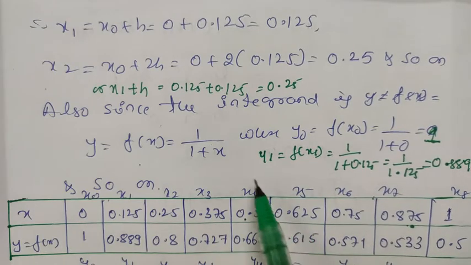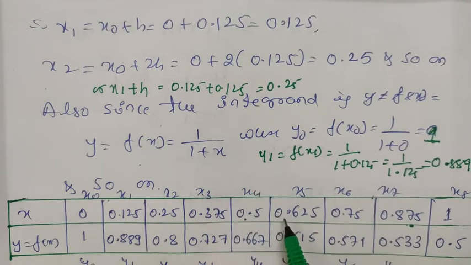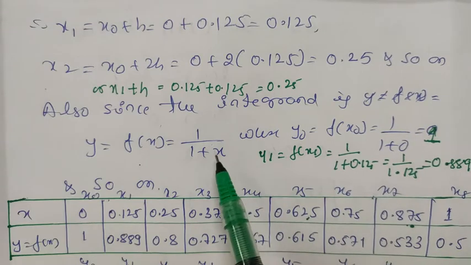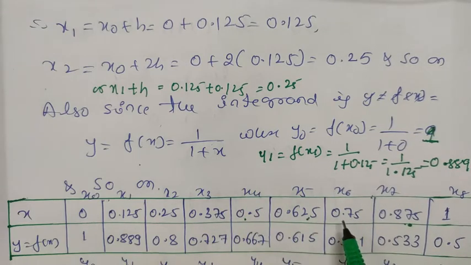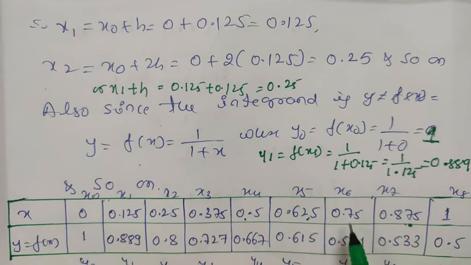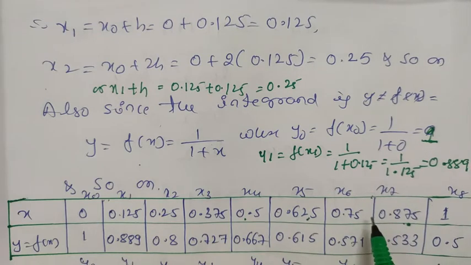Next, 1 divided by 1.625 gives 0.615. Then 1 divided by 1.75 is 0.571. Similarly, 1 divided by 1.875 gives 0.533.